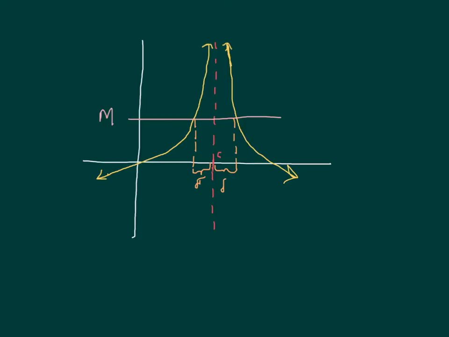And no matter what value you pick for m with a vertical asymptote, you can always move closer to c and get something bigger, because we're always moving closer and closer to that vertical asymptote. We're just never reaching it. So that's a graphical look at what that definition of an infinite limit looks like.